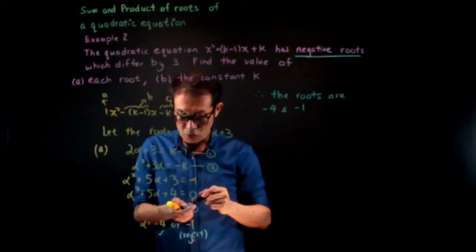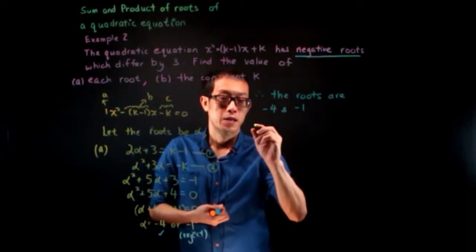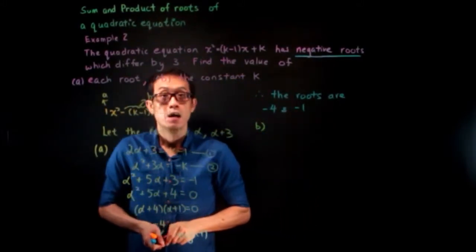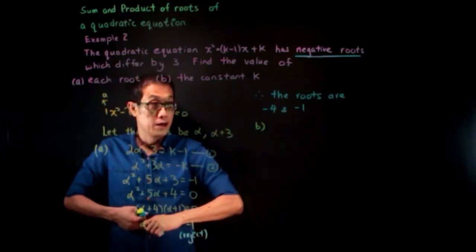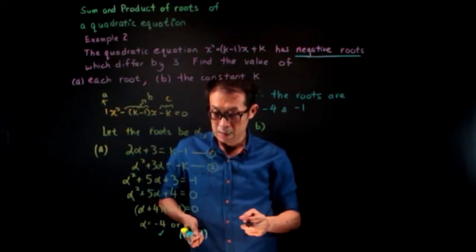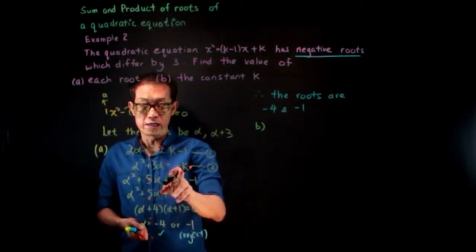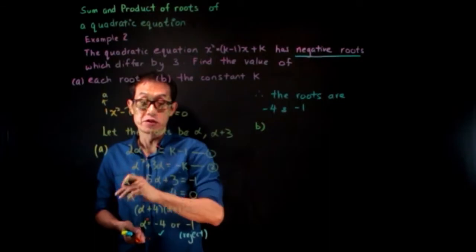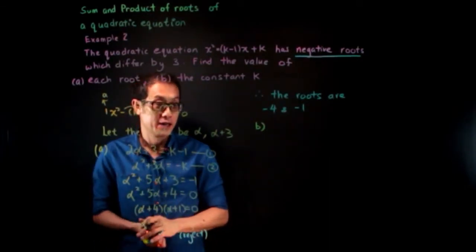Now let's move on to part B. You're asked to find the value of the constant k. Now you know that alpha is minus 4, and k is this expression, or you can use this expression as well. I will use equation 1 because I don't like to square the number.